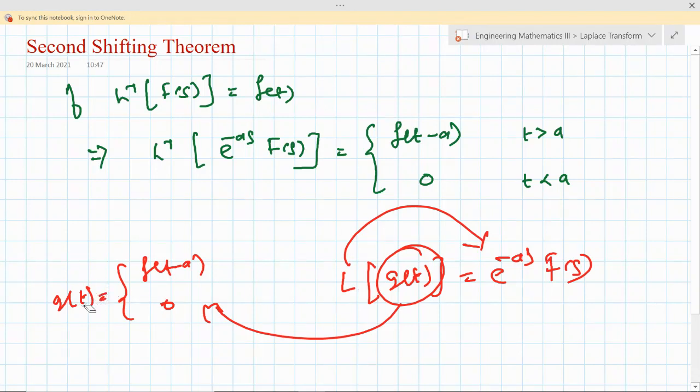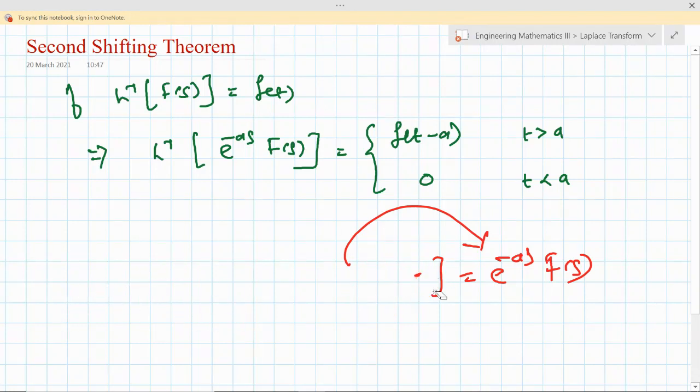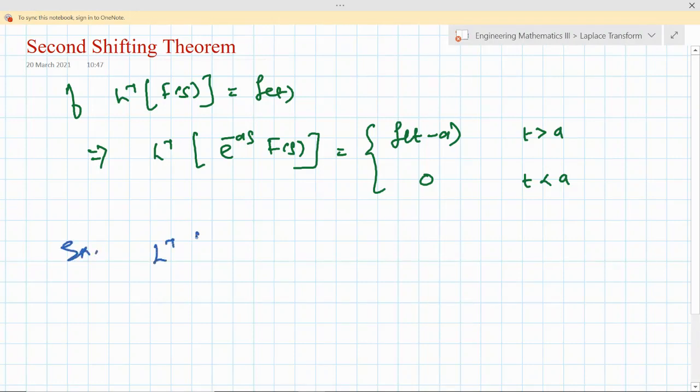Okay. Now to understand this, let us see one more example, so that your doubts will be clear. So suppose find the inverse Laplace of e raised to minus pi s divided by s plus a, whatever that a.